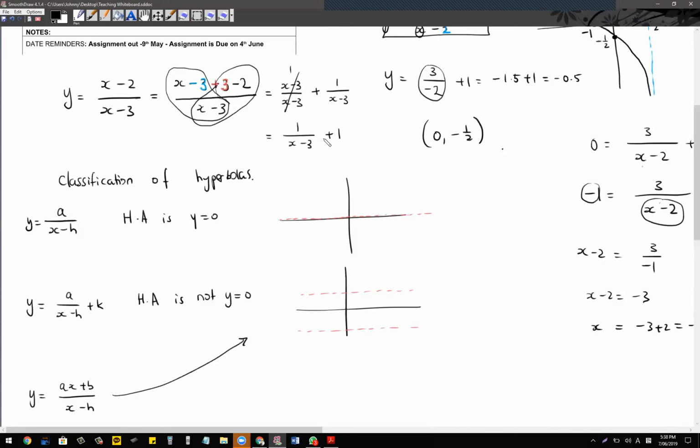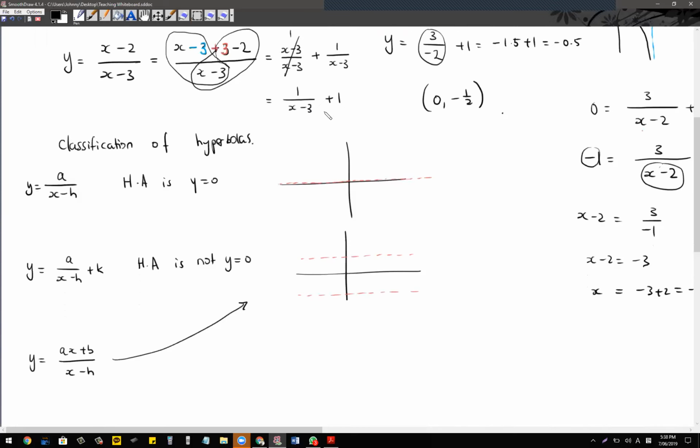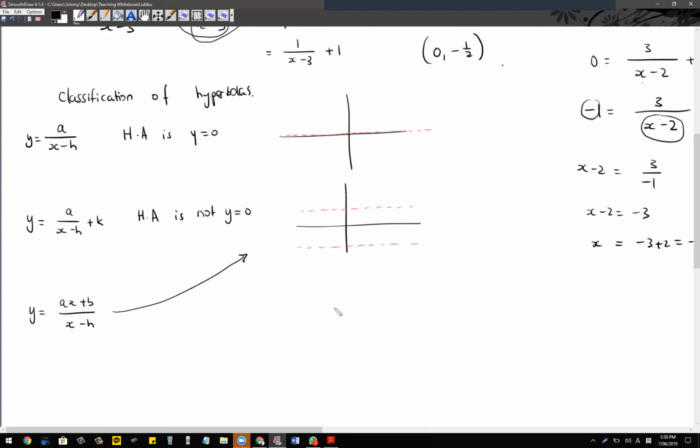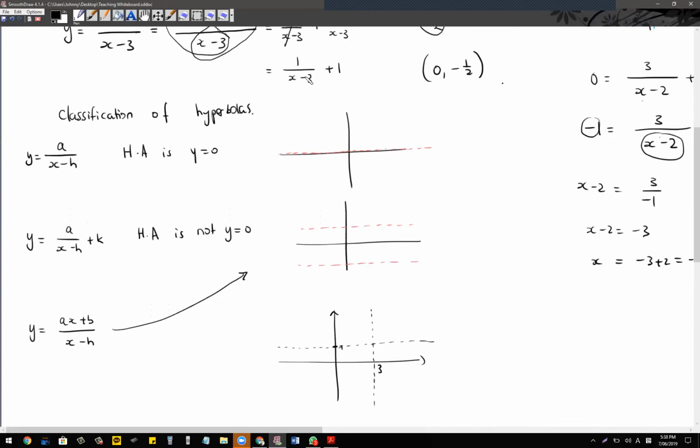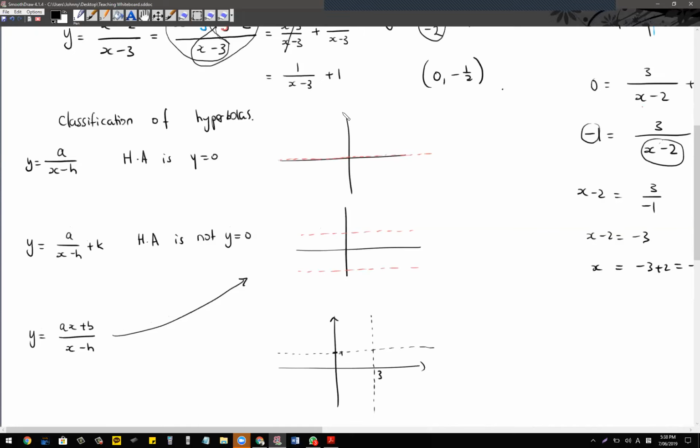We know how to graph that one, right? So that one is 3 to the right. That's 3 there. That's 1. And then it's a hyperbola.